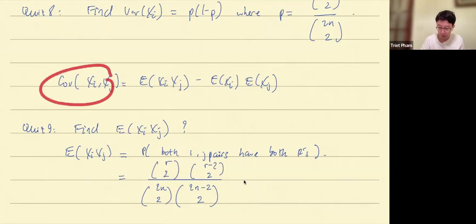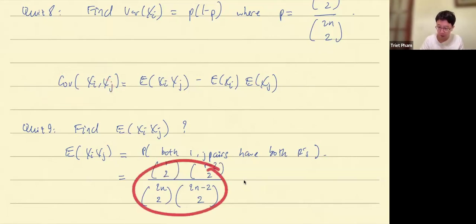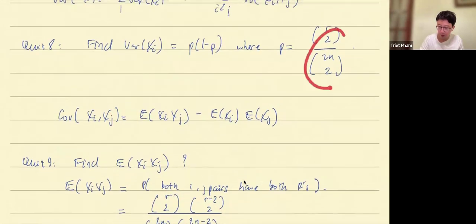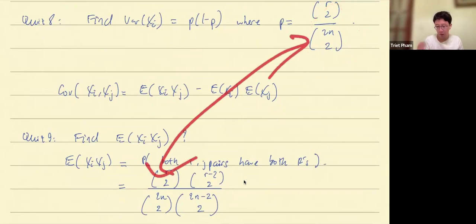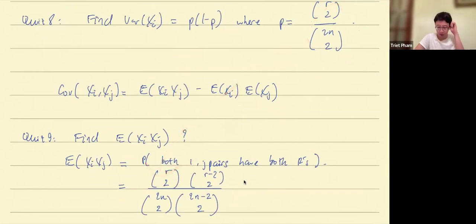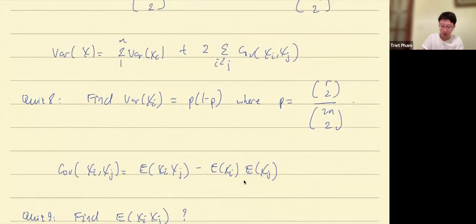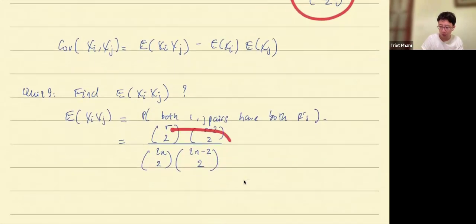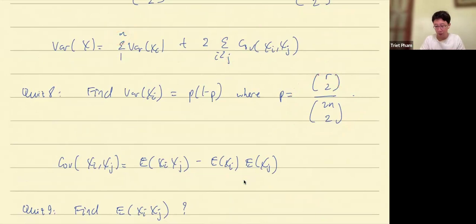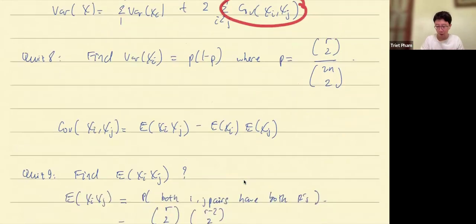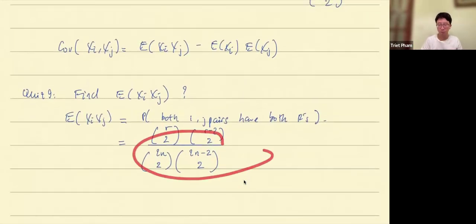And the covariance term is just whatever this is minus this squared. I guess here you can simplify something because there's a common factor, but it won't be anything that nice. And then the variance is just n times that, plus 2n choose 2 times that. The reason we can replace the sum here with n choose 2 and things like that is because the covariances are all the same for ij.